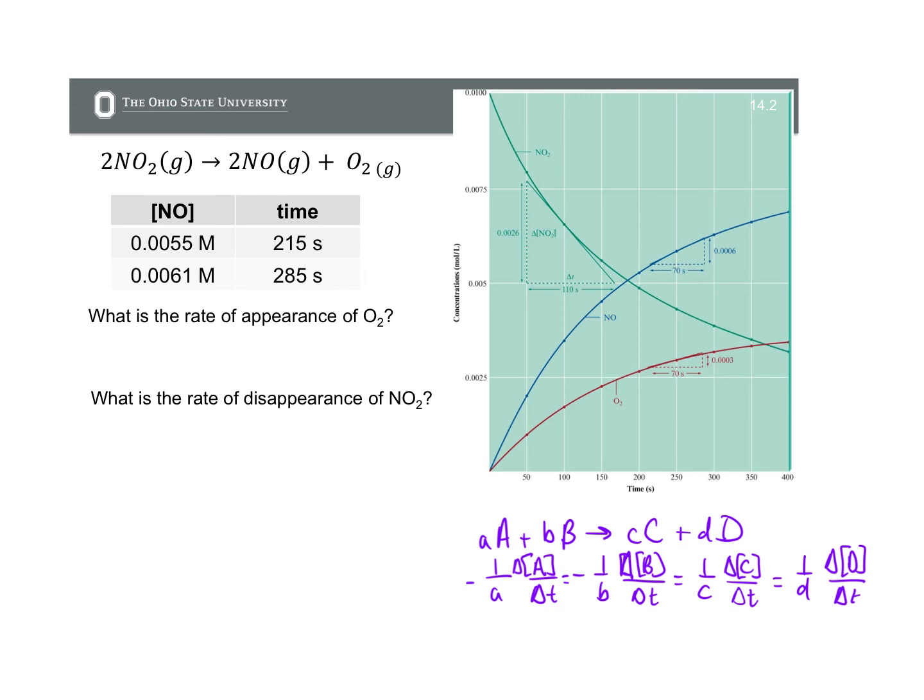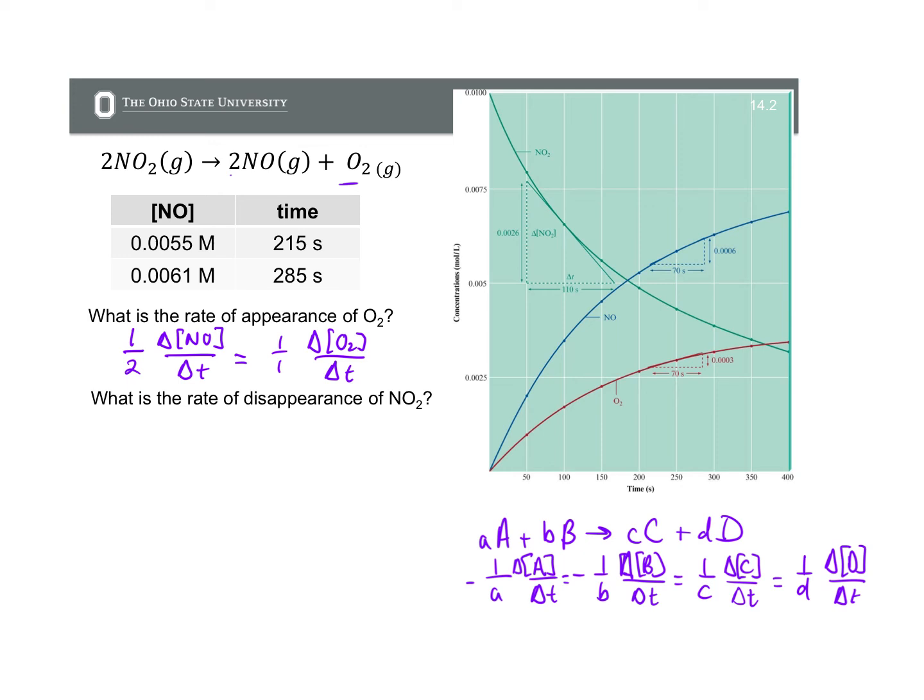We have information on another product. And so we can say, taking the stoichiometry, 1/2 change in concentration of NO over change in time is equal to, again with stoichiometry, 1/1 change in O2 concentration over change in time.